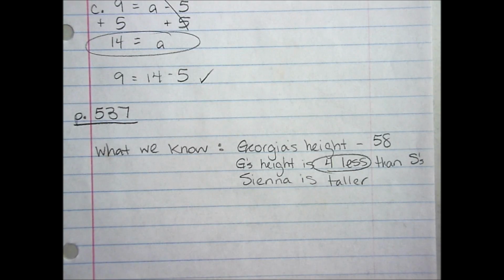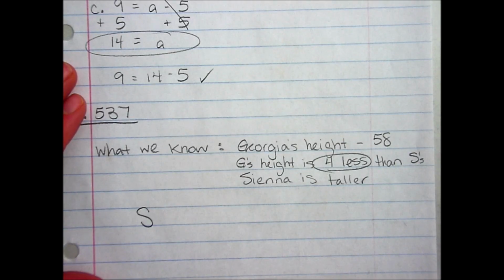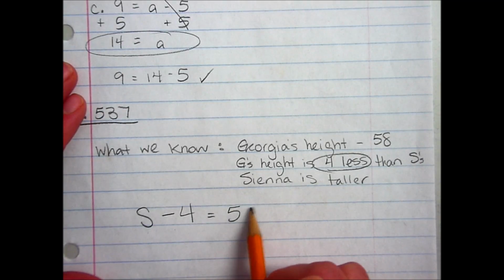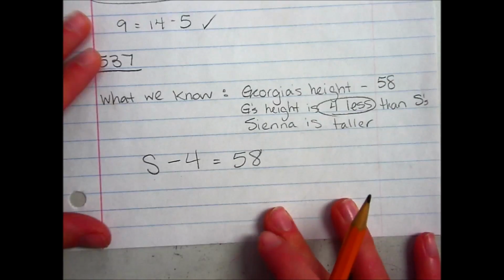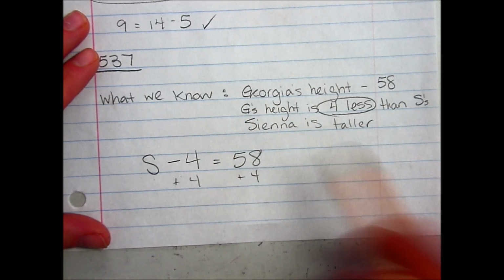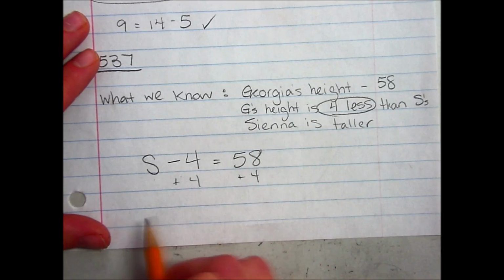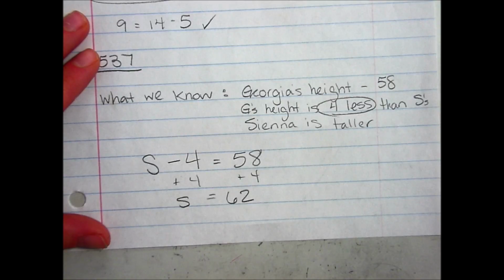S minus 4 equals 58. Sienna's height minus 4 because her height is 4 less than George's total height of 58. And then when you solve for that, we added the 4 to both sides, which is what you guys wanted to do earlier to find out that Sienna's height is a total of 62 inches.